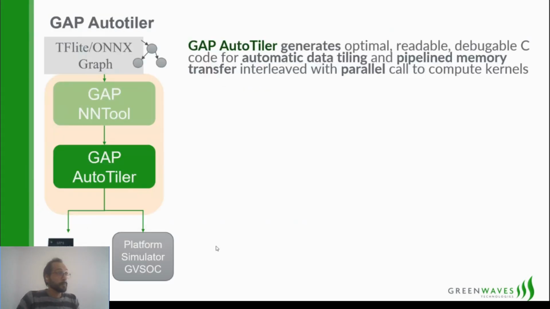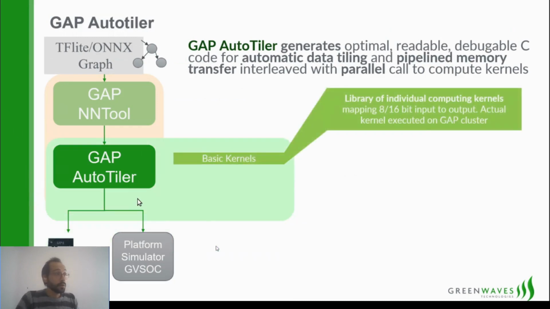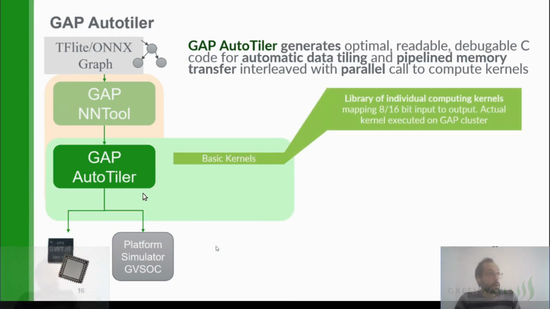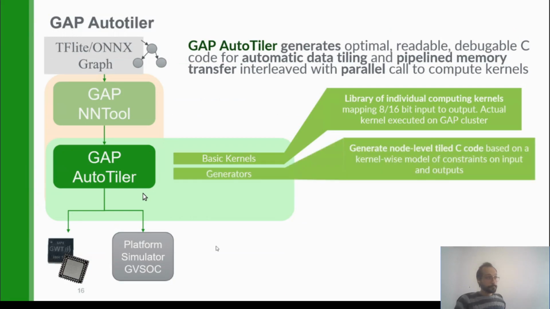And so for this, we made this GAP autotiler, which is made of four main blocks. The first one is basic kernels, which is a library of individual computing kernels, which can map 8 or 16-bit input-output to the cluster.